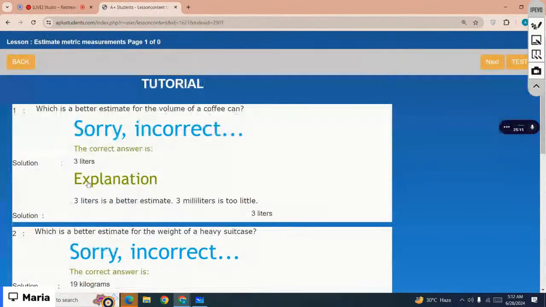Which is a better estimate for the volume of a coffee can, which is the correct option? 3 liters it is, right, because 3 liters is too much for the coffee can. Let's just start with the test questions.